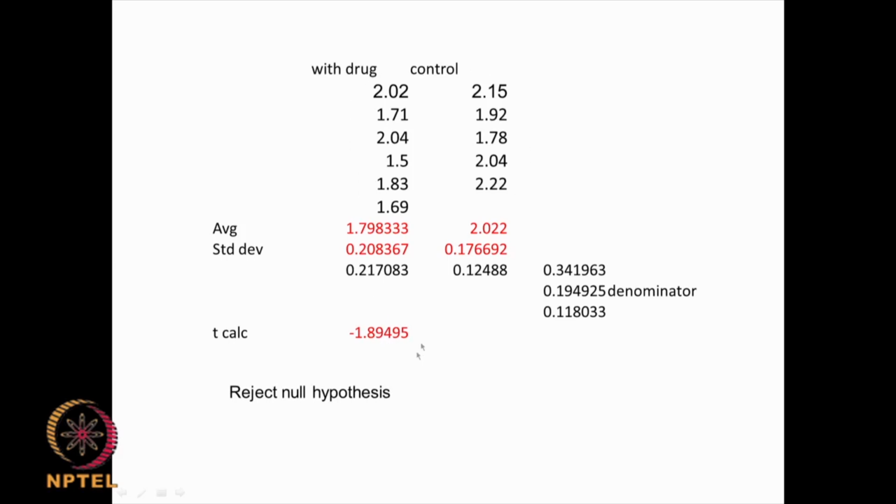So although you can say I will reject the null hypothesis at 95% confidence, I would not go too much, I may try to do more experiments so that we get a better difference between the t calculated and the t table. We understand. So this is a very close call actually.